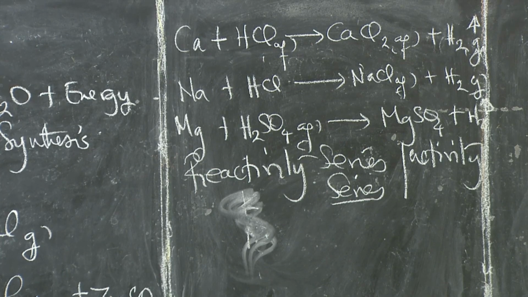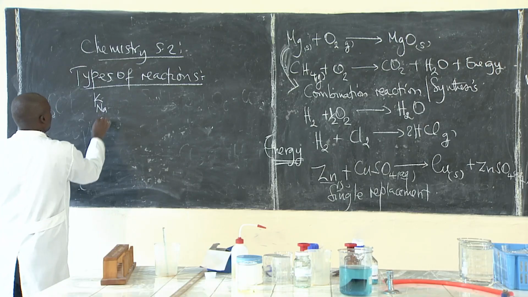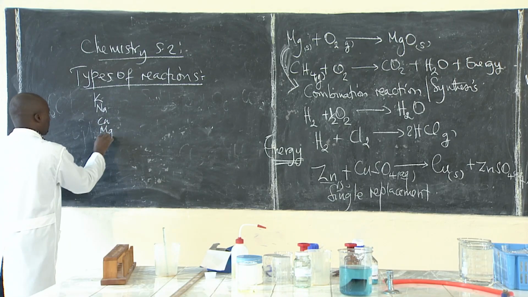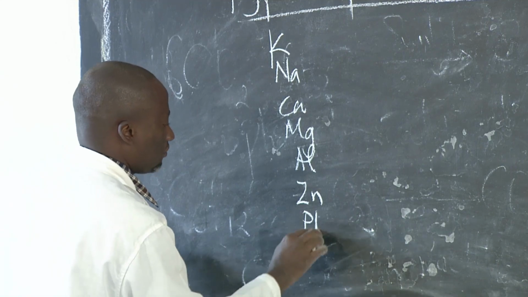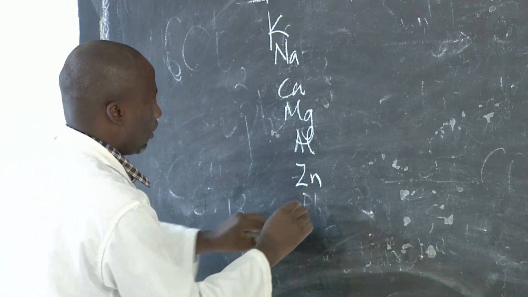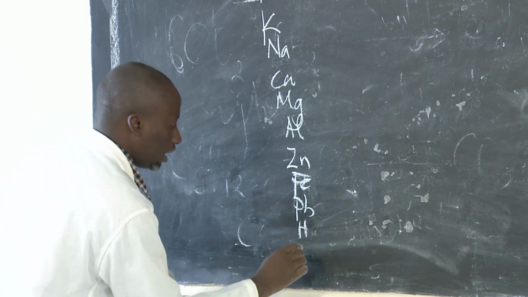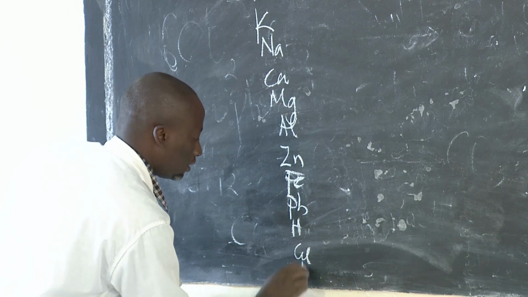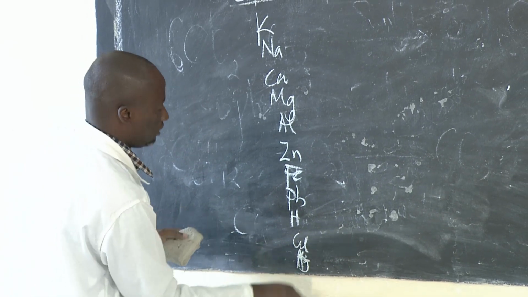So you have potassium, sodium, calcium, magnesium, aluminum, zinc, iron, lead, hydrogen, copper, mercury, and then silver, the last.